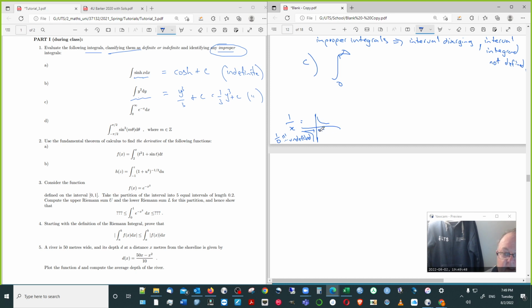But for our purposes here, this is an example of an interval, if we were to integrate this, where the integrand is not defined. So to do something like this makes no sense, because the integrand is not defined, it's asymptotic at 0. There's an asymptote there. So what we need to do is to learn how to deal with that, which is what this week's work has been about.